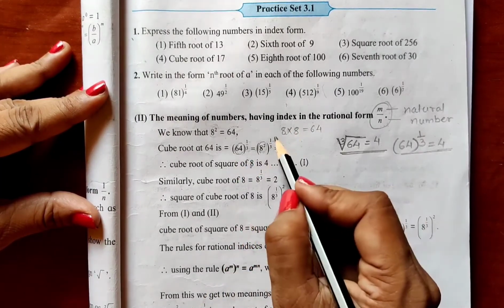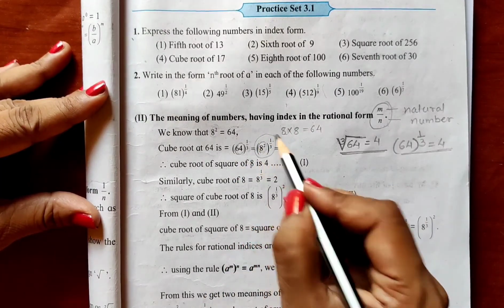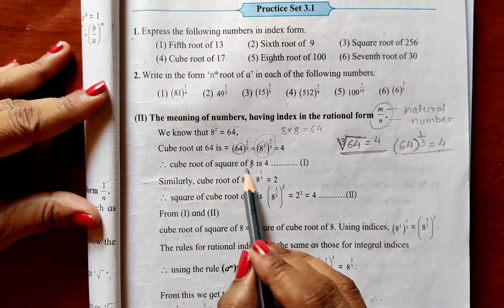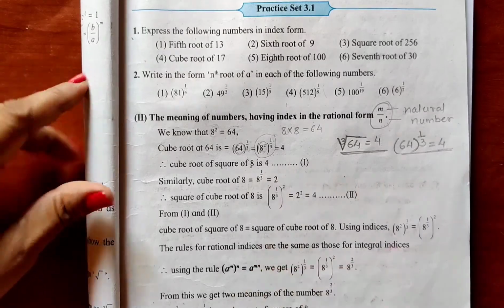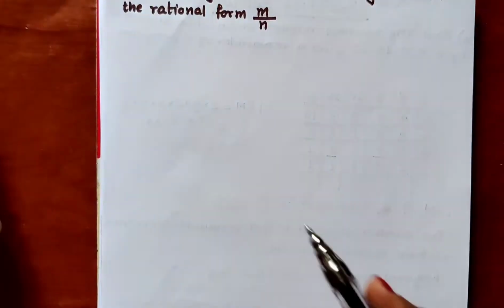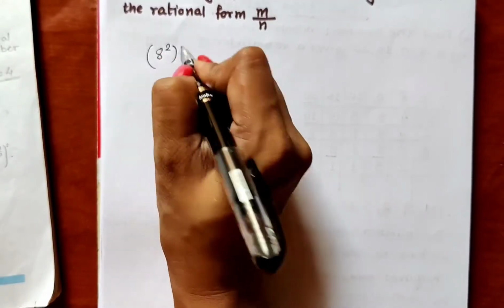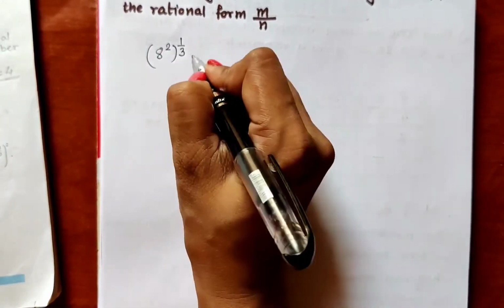So how can we read this full number? This full number can be read as cube root of square of 8 is 4. So here we can write it like this: 8 square and its cube root is equal to 4.